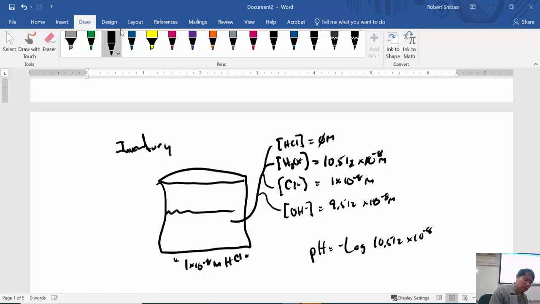Take the log of that, base 10. Technically, we're only allowed 1 sig fig because of the concentration here, but I carried extra digits.